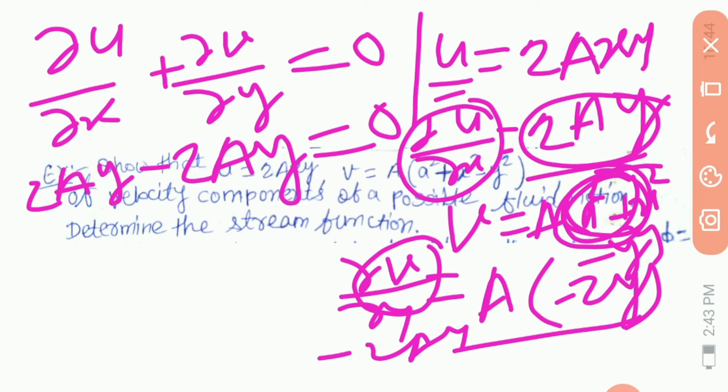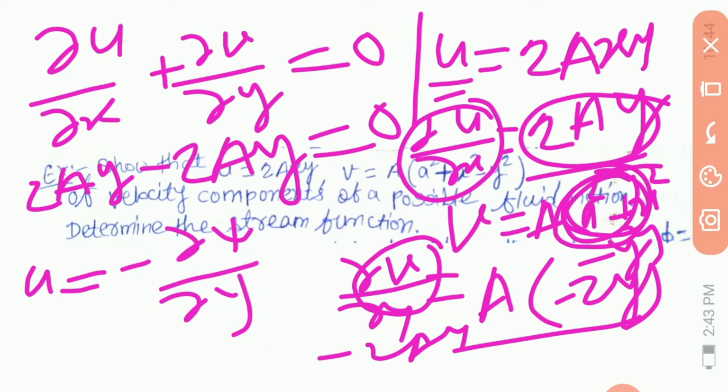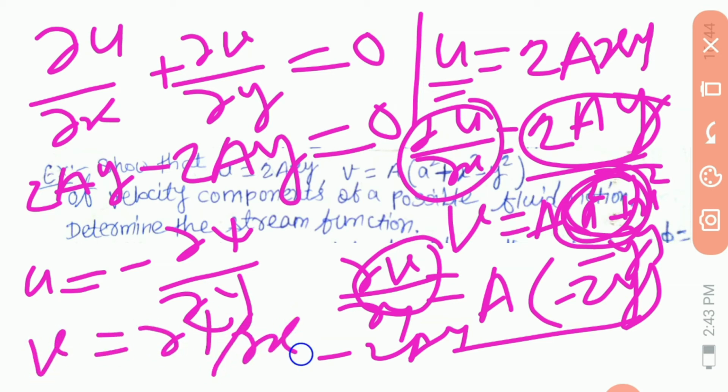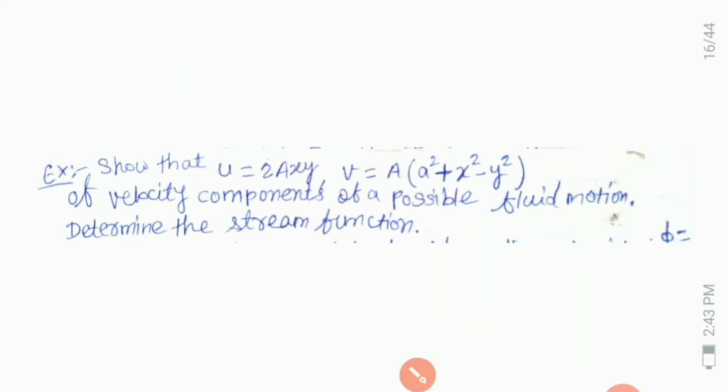And also we know that u is minus dou psi by dou y, and v is dou psi by dou x. So what we have?